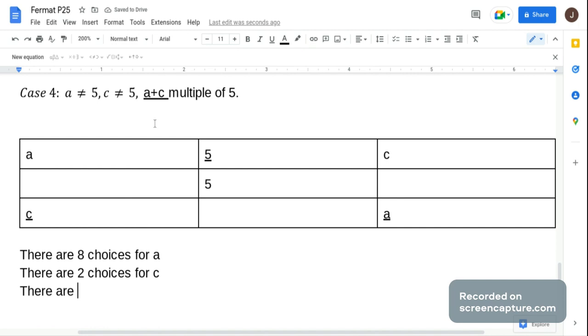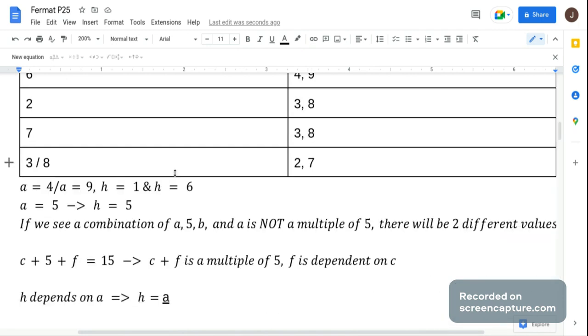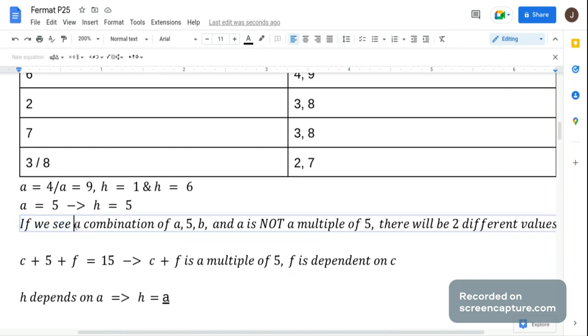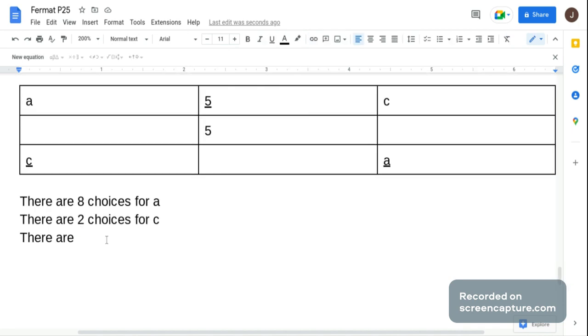I'm going to say it one last time, to minimize the confusion: if we see a combination of A, 5, B and A is not a multiple of 5, there will be only 2 different values of B. So this means that C and A are going to be 2 choices respectively.